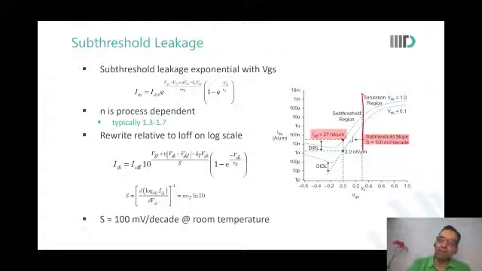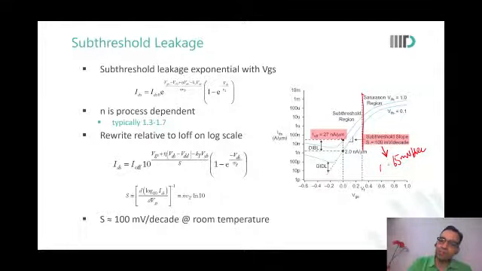So that is what we call subthreshold current, IDS. In a very, very good transistor, this subthreshold slope would tend to 60 to 65 millivolts per decade.